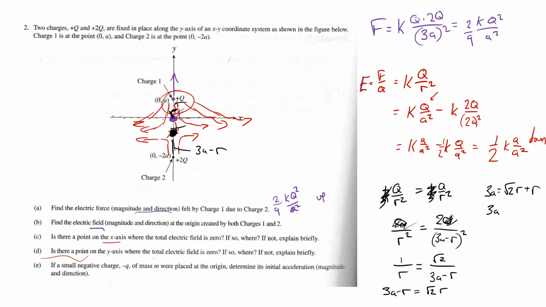So 3a is equal to the square root of 2 plus 1, parentheses, r. So r is equal to 3a divided by root 2 plus 1. Is there a point? If so, where? So let's state the point. The point is 0, 3a over root 2 plus 1.